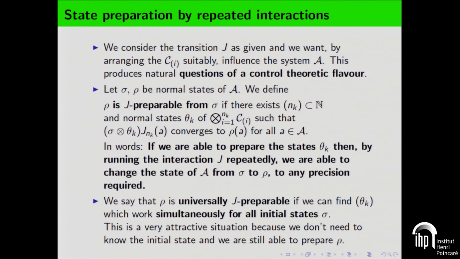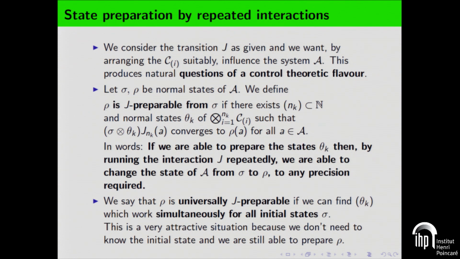So you don't know what the initial state of A is, but if you choose the n_k in a sufficient way and let the interaction take place n_k times, then you know you are close to rho.